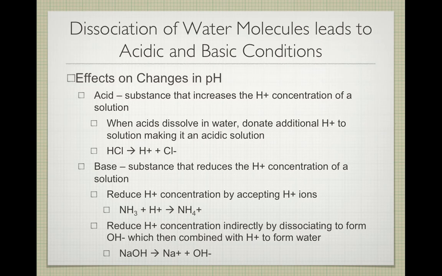Your bases are going to be solutions that reduce that H+ concentration. Now they can do that in two different ways. We can talk about something like ammonia, which is NH3, and ammonia has an affinity to accept an extra H+ and become an ammonium ion. It's actually a little more stable this way, and so it's going to take extra H+ out of solution, leaving a higher concentration of OH- because now this H+ is connected to the ammonia and can't go back and connect to the hydroxide ion it originally came from to reform water.